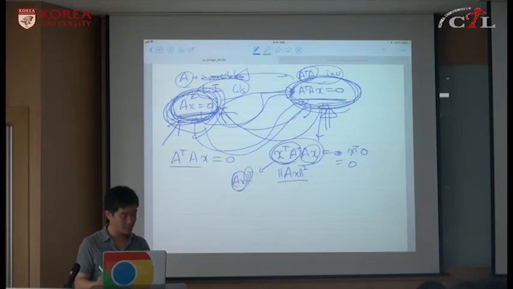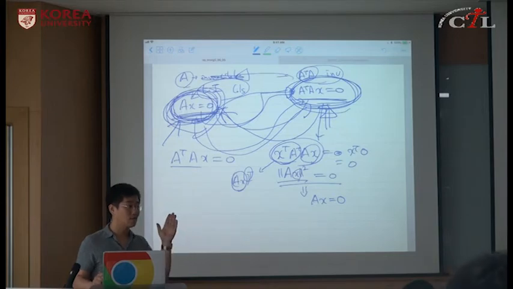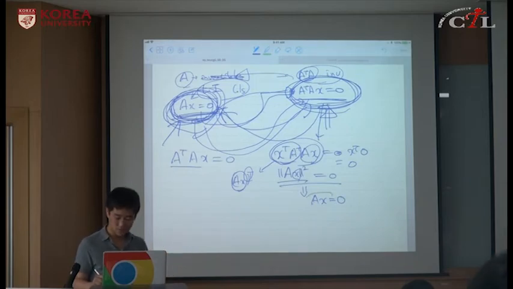And when is this vector having a zero norm? That's when this vector itself is just a zero vector. So again, if the norm of a vector is zero, then that vector itself should be just a zero vector. And so we obtained this guy.